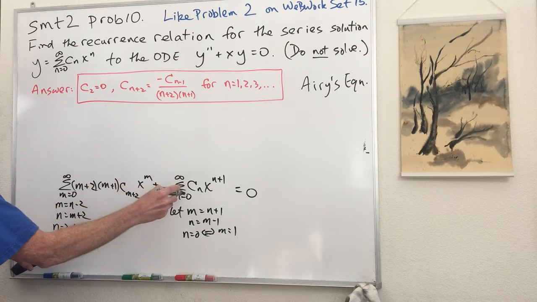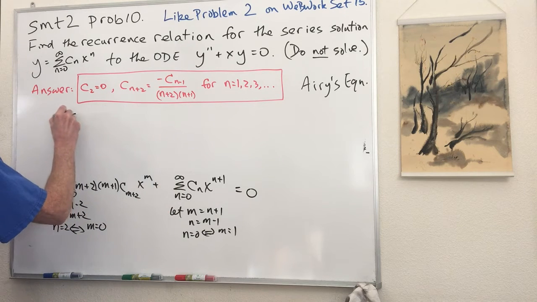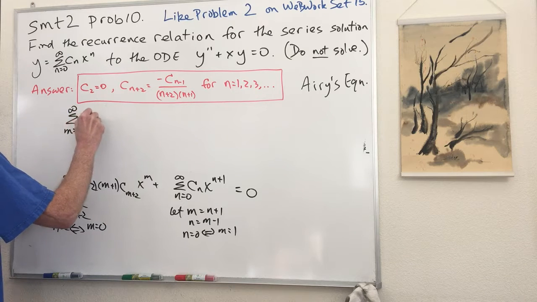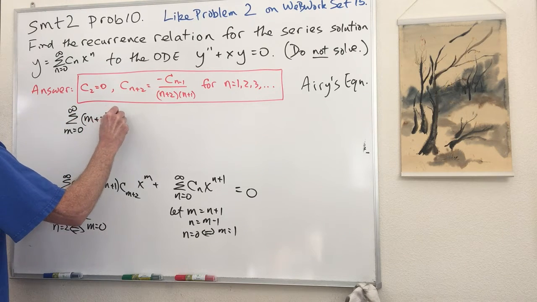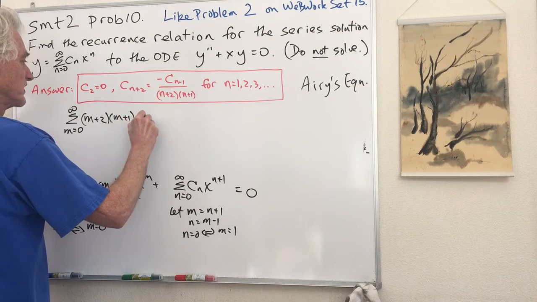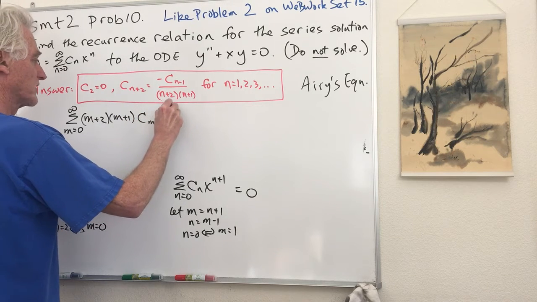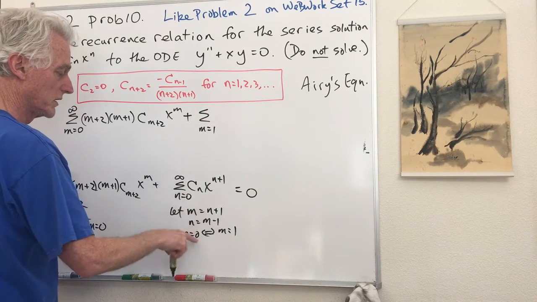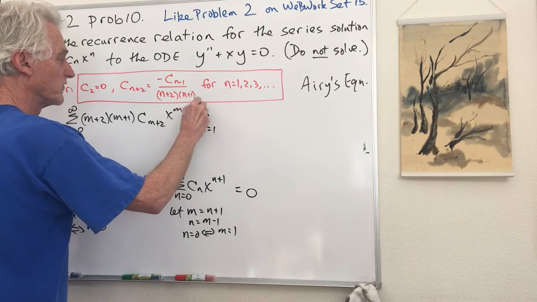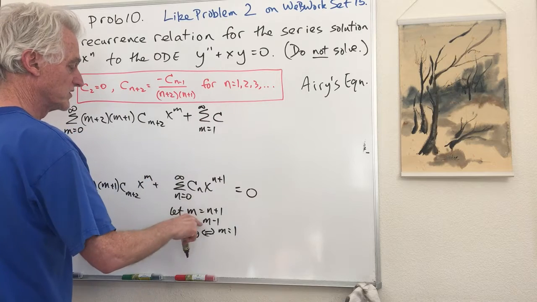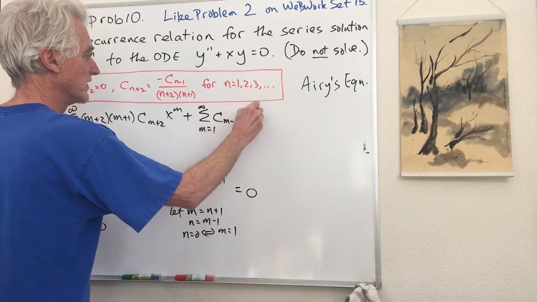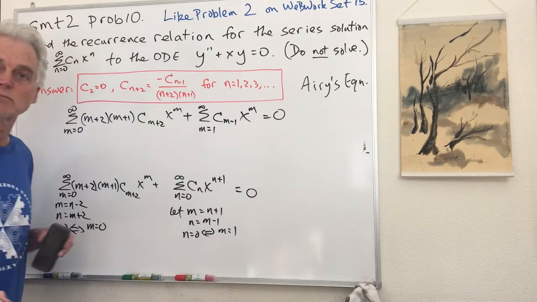That one we've already got, and then we have to rewrite that one. So we have the sum from m equals 0 to infinity of m plus 2, m plus 1, c sub m plus 2 x to the m, plus the sum from m equals 1 to infinity of c sub m minus 1 x to the m, and that's 0.